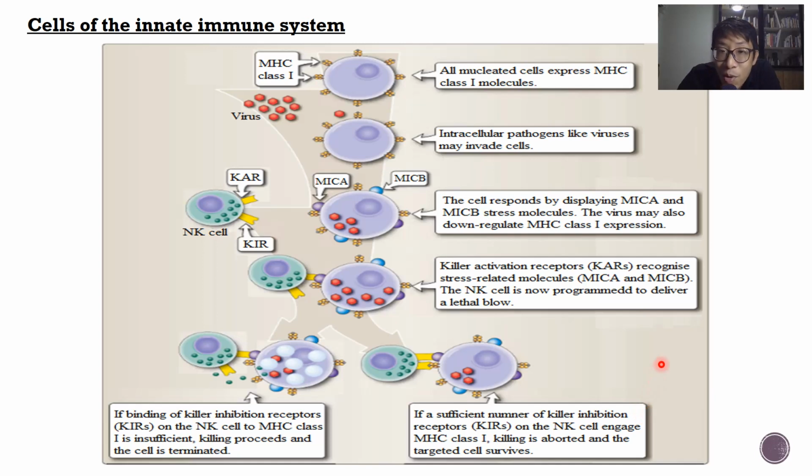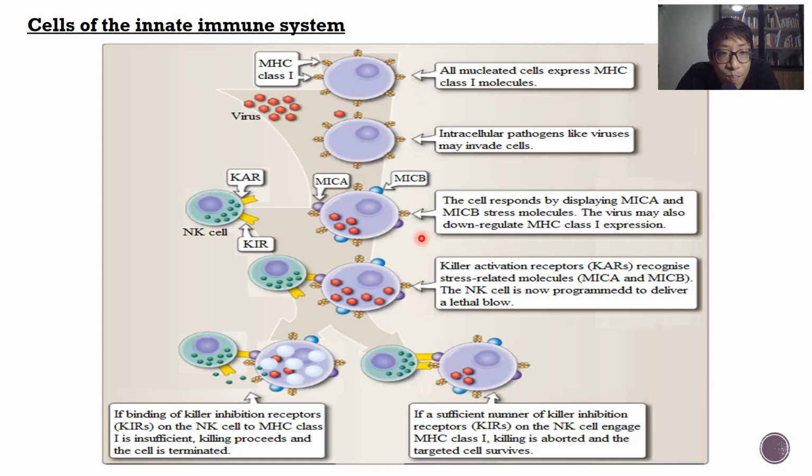So remember, we have talked about how the immune cells should be able to recognize self versus non-self. This is one example of how a receptor on the immune cells, natural killer cells in this example, would recognize cells of our own body by recognizing the presence of proteins that show that it is our own body's cells.